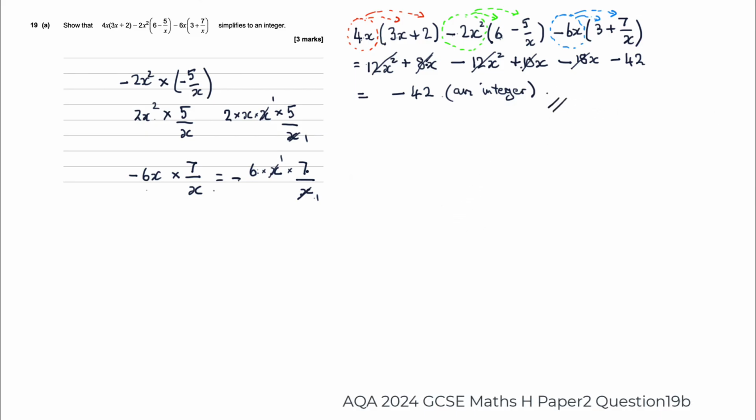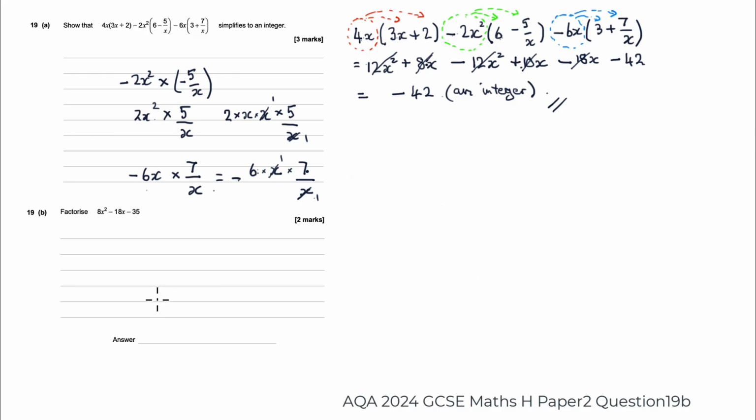So let's have a look at part B. And we're asked to factorise the expression 8x squared minus 18x minus 35. Now I'm going to use the FOIL method, which involves thinking about pairs of brackets in the following way, where we can multiply the firsts.